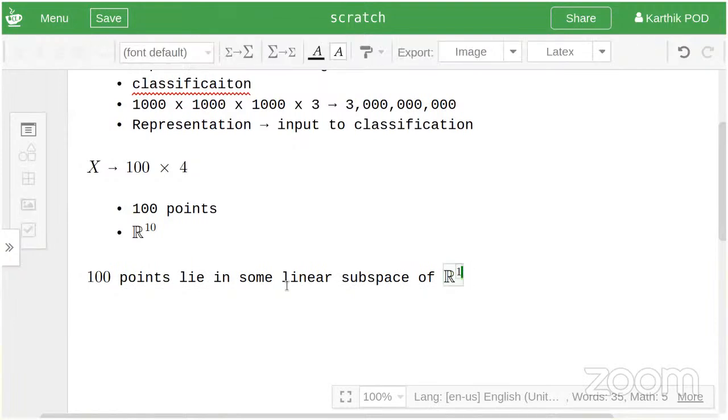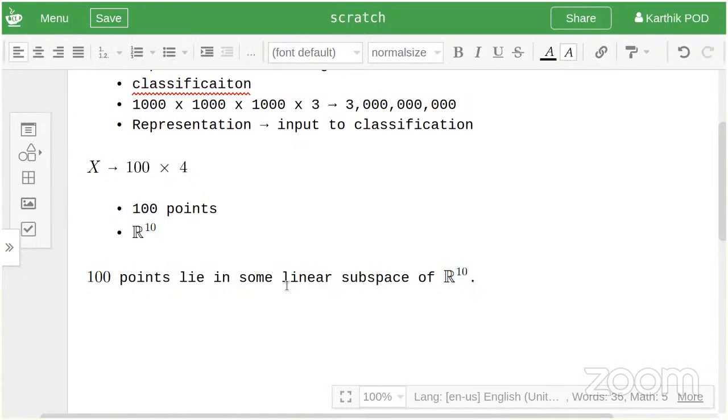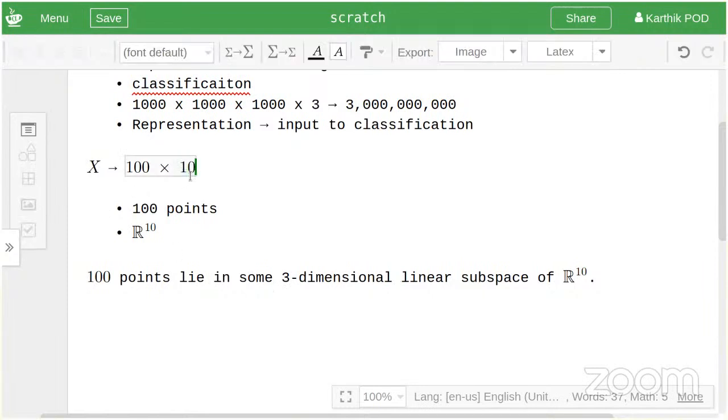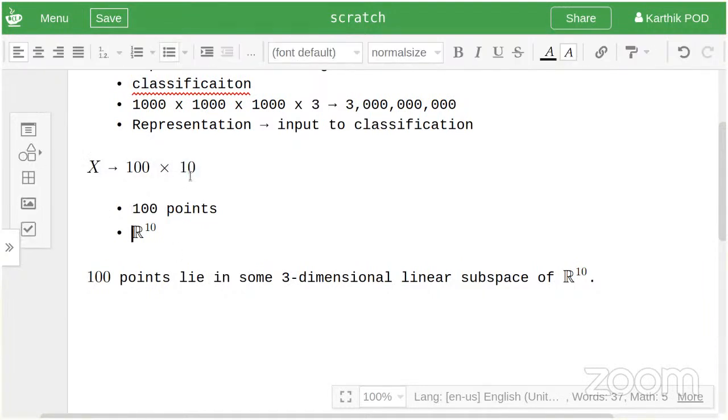Okay, that is what I mean. So you want to say, sir, that of the 10, 4 is non-linear, and the rest of the 6 columns have some linear relation with the first 4 columns.